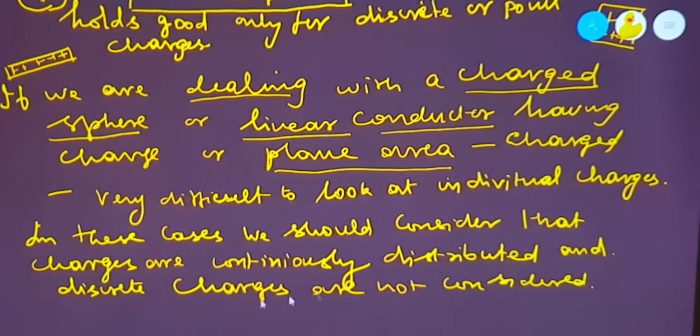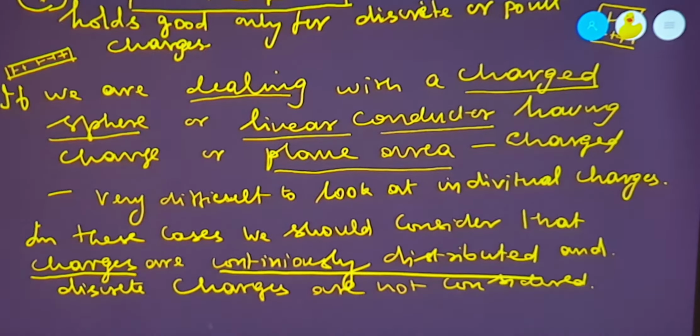In that case, we should consider that the charges are continuously distributed in the sphere, the linear conductor or the plane area. Individual charges are not considered; the charges are distributed in those objects continuously.